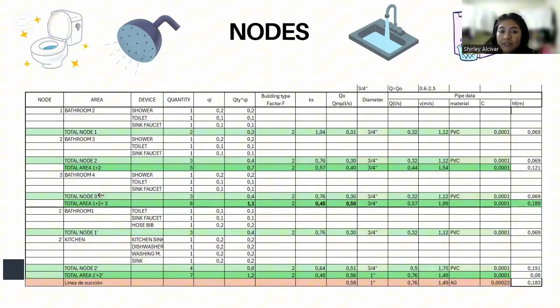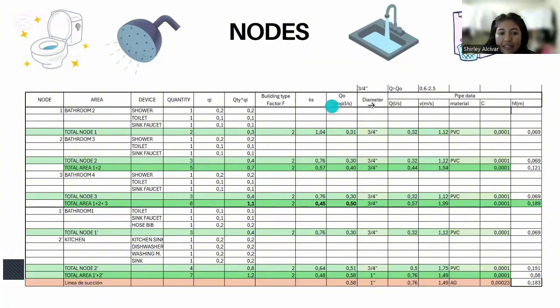The product gives us the total design flow for each node. The building type factor, the F, and the simultaneity coefficient are then applied to account for the fact that not all fixtures are operating simultaneously. These factors allow us to obtain the probable maximum flow rate and the design flow for each section of the system.